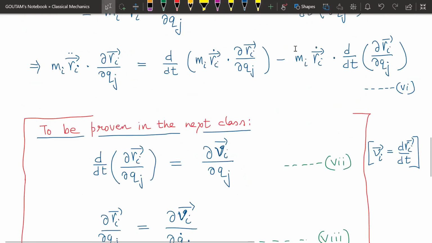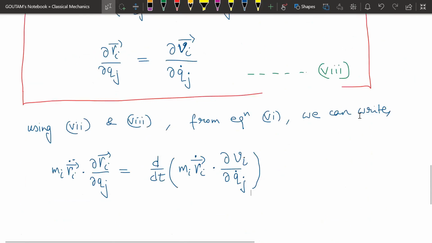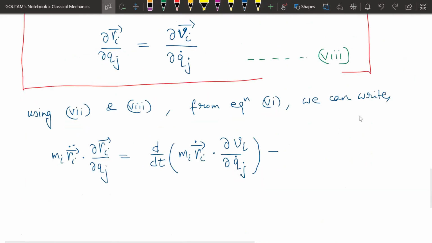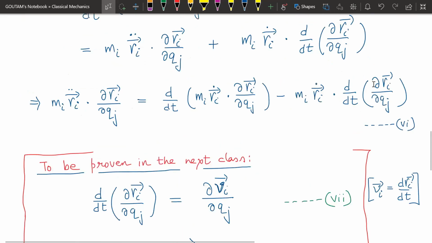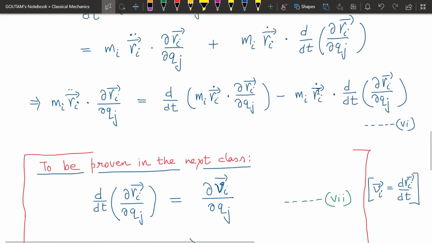And there is another term, minus mi ri dot, dot product d/dt of del ri del qj. This is from equation 7, this is del vi del qj. So mi ri dot, dot product del vi del qj.